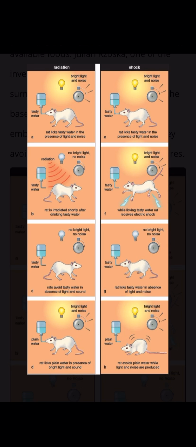Then you go down to square H. If the light and the tone are going, the rat will avoid the water. And that says plain water, but plain water or saccharin water, it'll avoid, no matter what. That rat that received the shock is going to avoid the water, plain or saccharin, as long as that light and the noise are present.